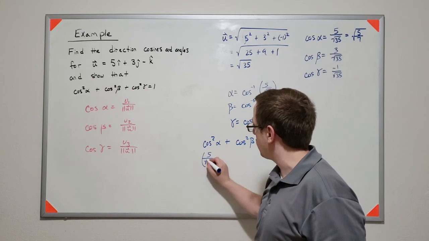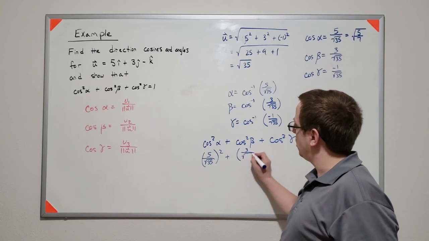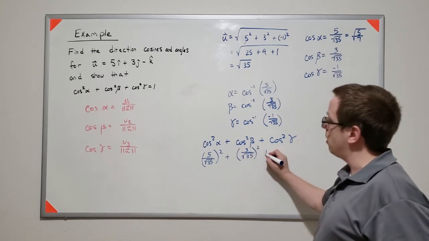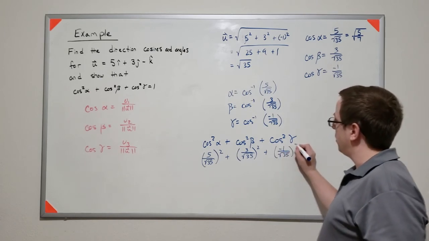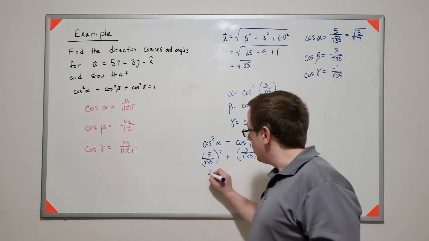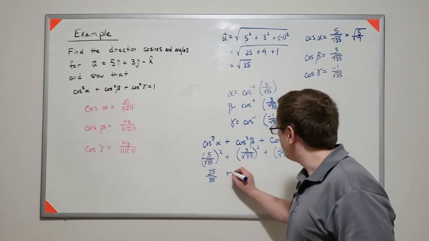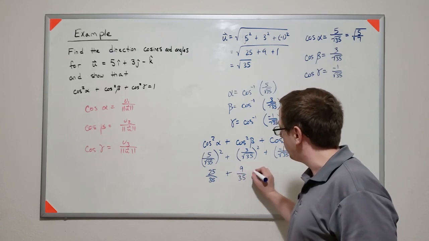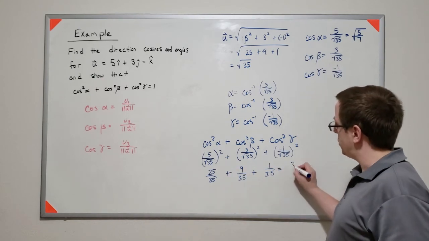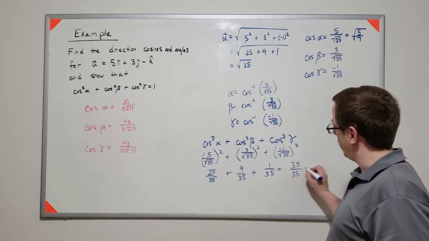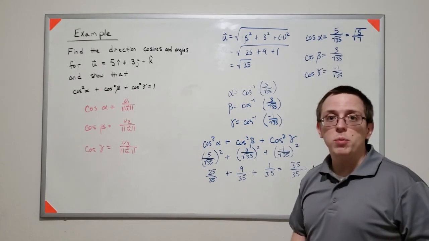So 5 over square root of 35 squared plus 3 over square root of 35 squared plus -1 over the square root of 35 squared is 25 over 35 plus 9 over 35 plus 1 over 35, which is 35 over 35, which is 1, which is what we were trying to show. And there you have it. That's an example of direction cosines.